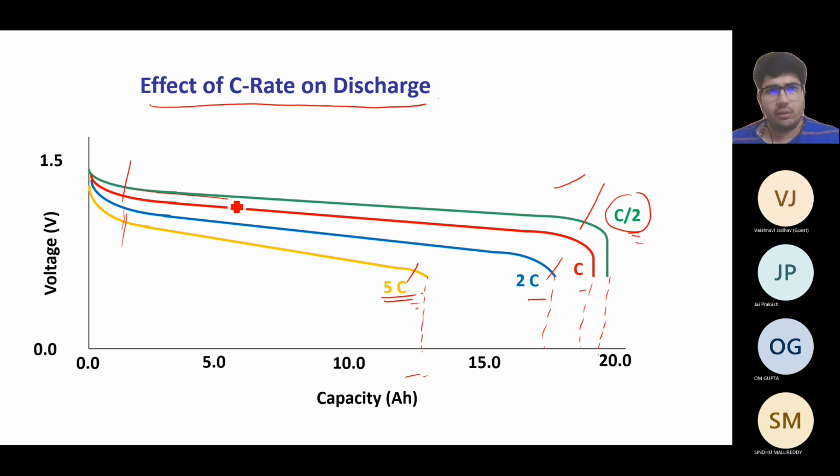It's a very stable performance. Initially, at the starting and the ending, there are some losses we will cover, but in between there's a long straight line, so we are getting stable performance.